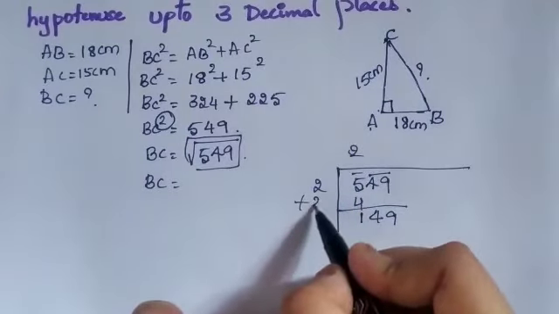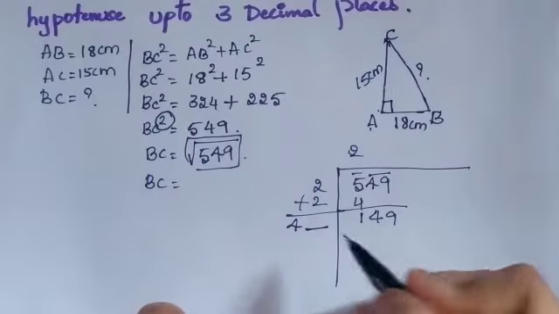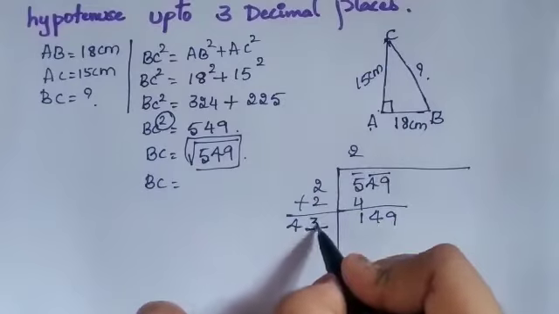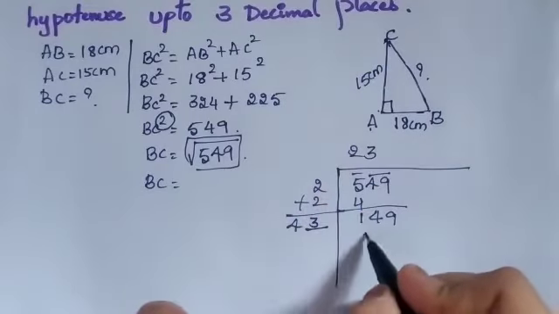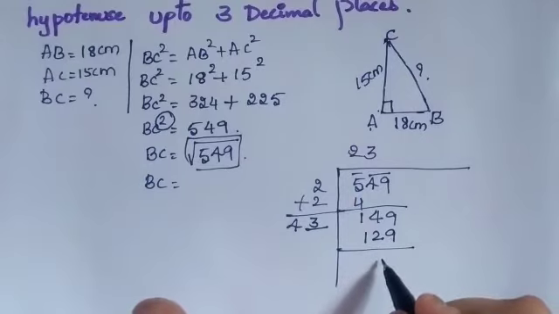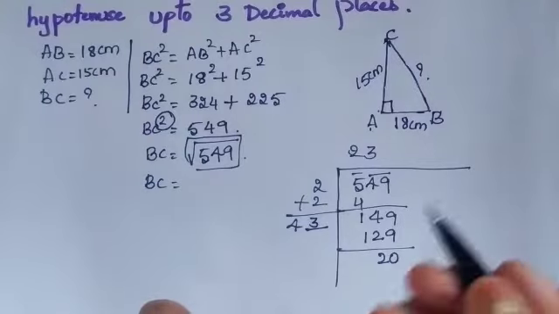So plus 2, 2 plus 2, 4 I am getting. So what number do I have to join here? That same number I have to multiply here. So here 43, 3 3s are 129 I am getting. So 149 minus 129, subtract it, you will get 20 here. Now what is the next thing?